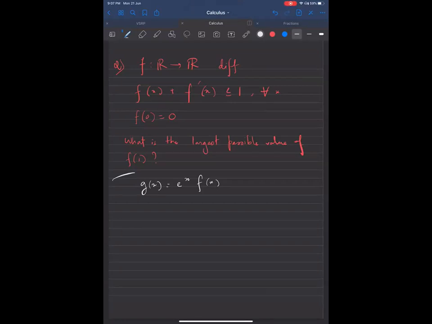We have this function g(x), so g prime(x) is less than or equal to e to the power x. We just integrate both sides and after some manipulation we get this. Till now I've just been able to show that f(1) will be less than or equal to (e minus 1) by e. I still haven't shown that the equality holds.